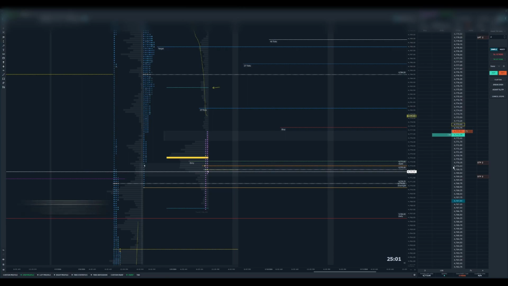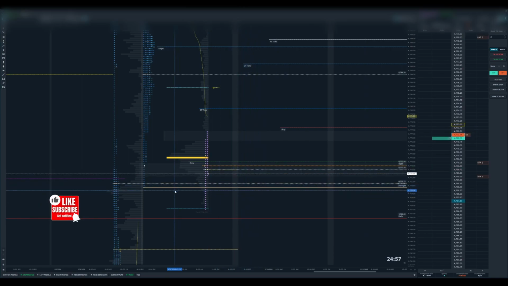So right there, I get that second set in. I was looking at the bottom of that node, that larger node. So that's why I entered my second one there.